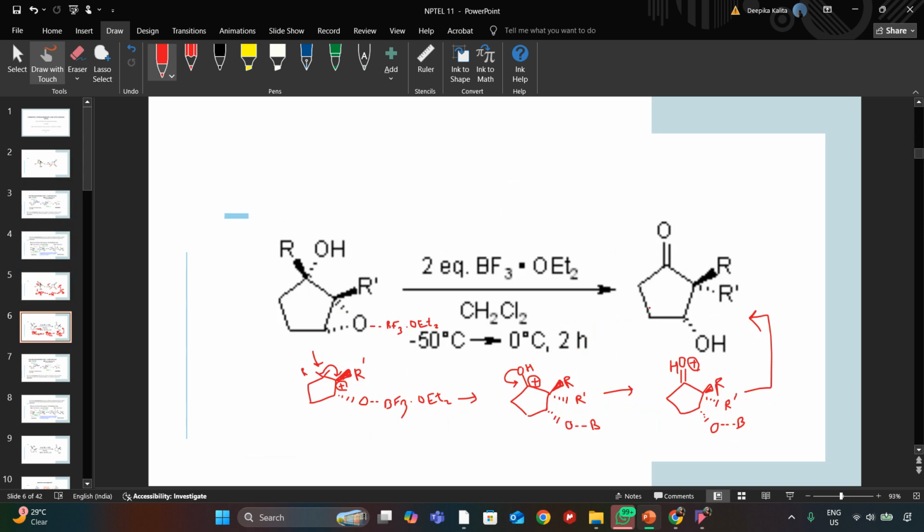Another question we solved from the topic pinacol rearrangement, and here we saw that epoxide ring opening took place first, followed by alkyl chain migration to give us a more stable carbocation, and hence to give us the beta hydroxyketone as the final product.